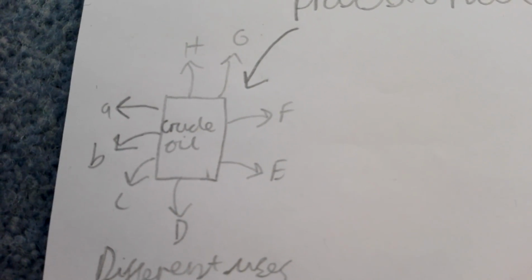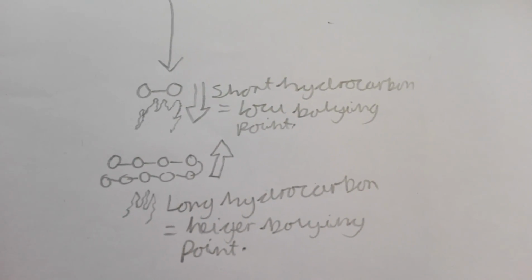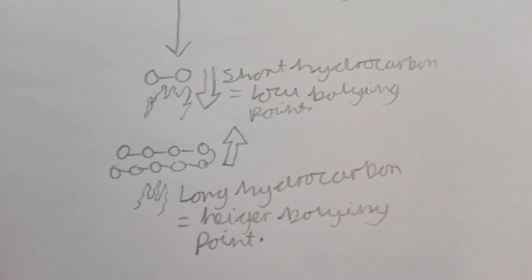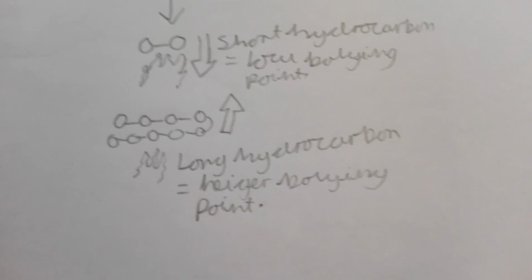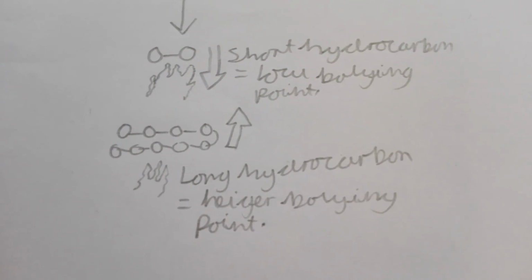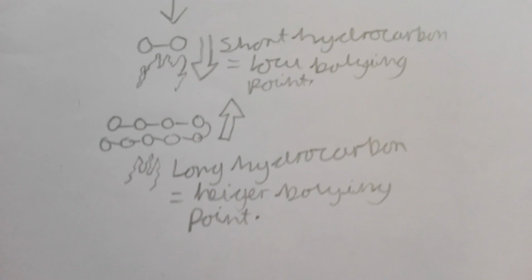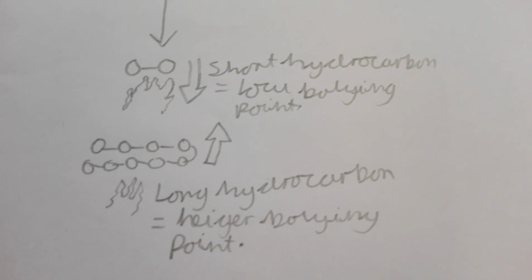You can't just get crude oil and start tearing it apart to get into different uses. This works because crude oil is a mixture of short hydrocarbon molecules and long hydrocarbon molecules, and there are some in between, medium-sized ones.